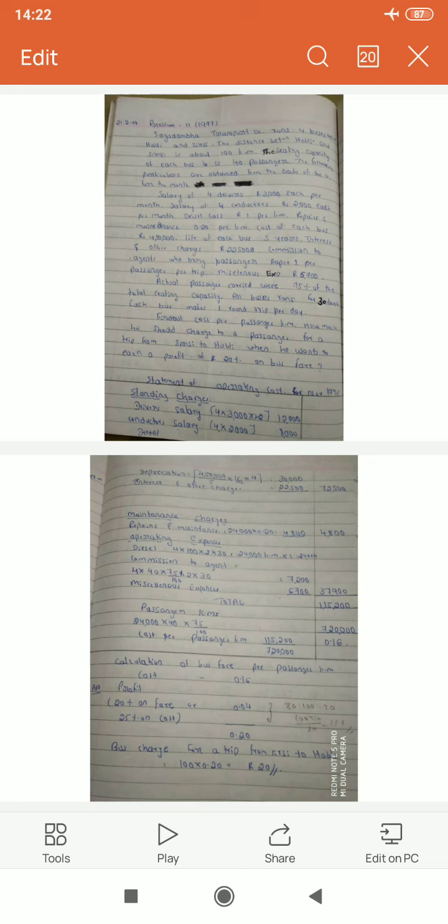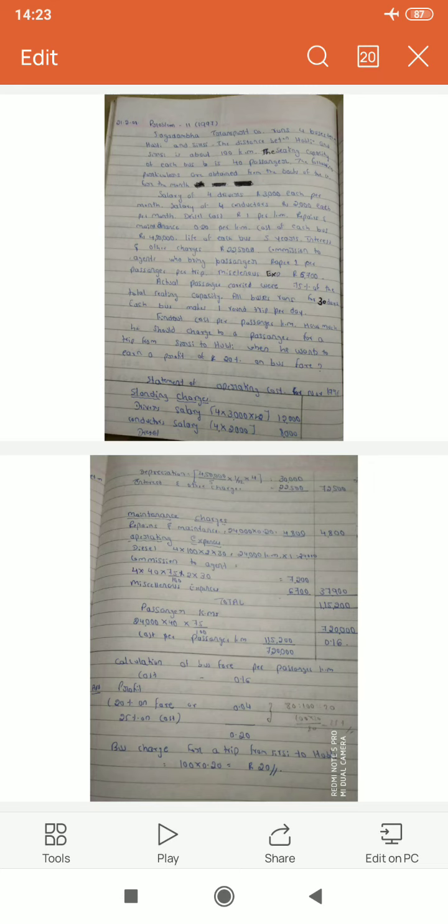Now for repairs and maintenance, each way distance is 100 kilometers and each bus makes one round trip, implying 2 trips. Therefore 100 kilometers into 2 trips, each bus per day, multiplied by 4 buses, multiplied by 30 days in a month. In the sense, all these 4 buses in toto cover a distance of 24,000 kilometers per month.